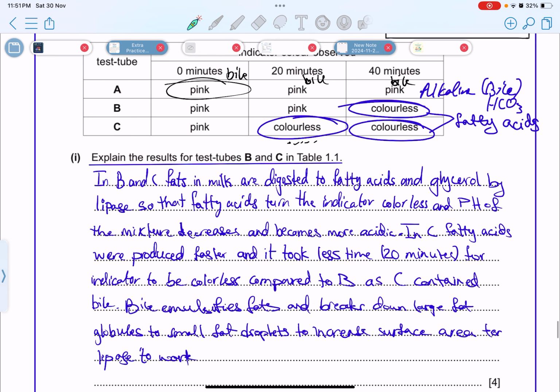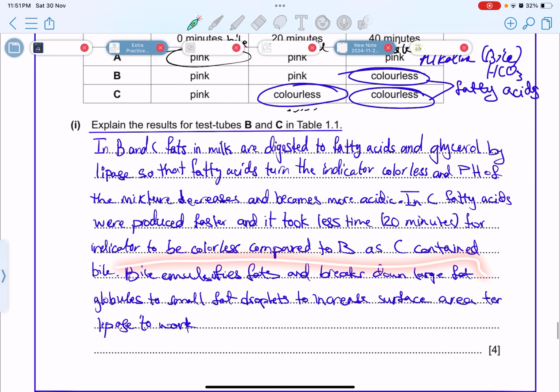And for this part, explain what bile does, and you're going to gain 2 marks. Imagine we've written a lot of sentences that are surely more than what the question asked for. So, bile emulsifies fats and breaks down large fat globules to small fat droplets to increase the surface area for the lipase action.